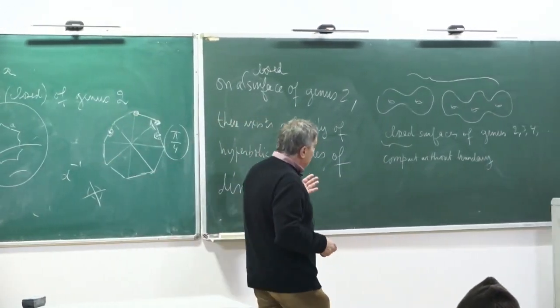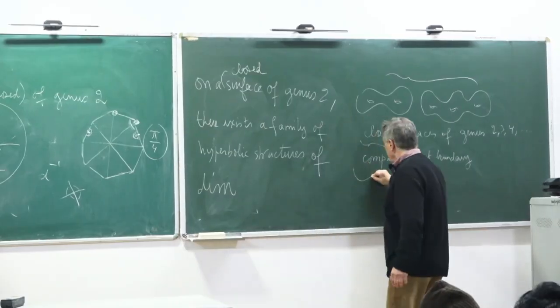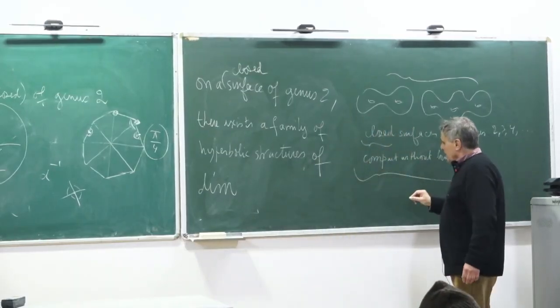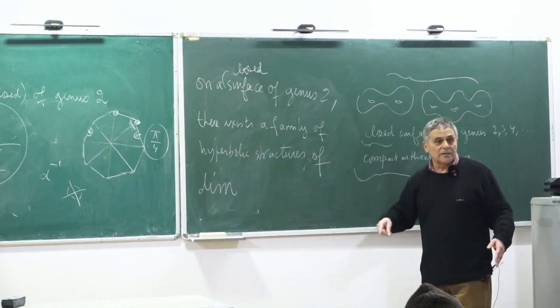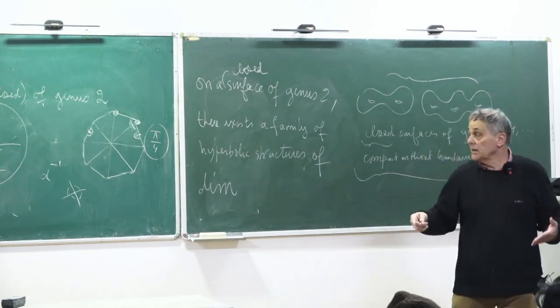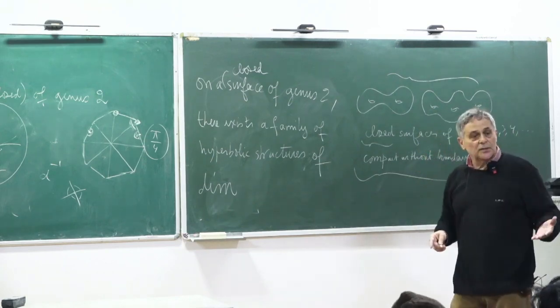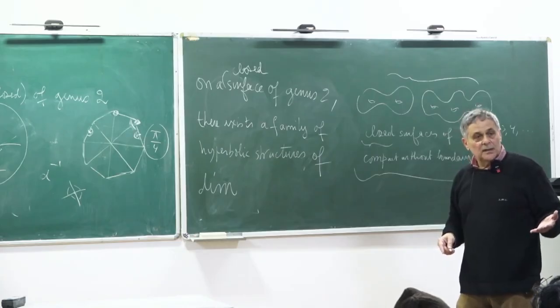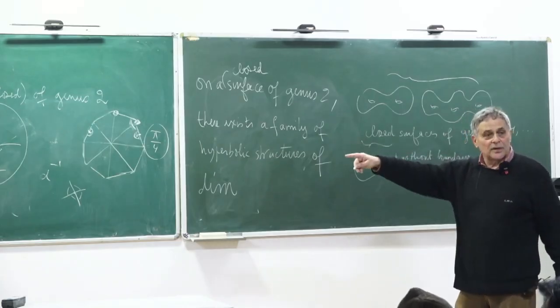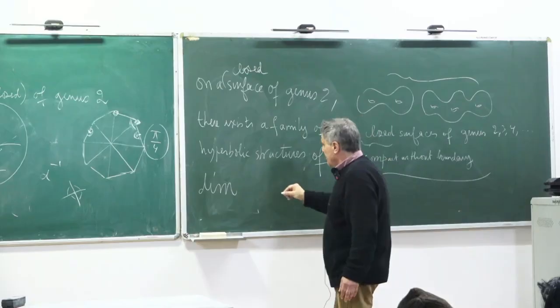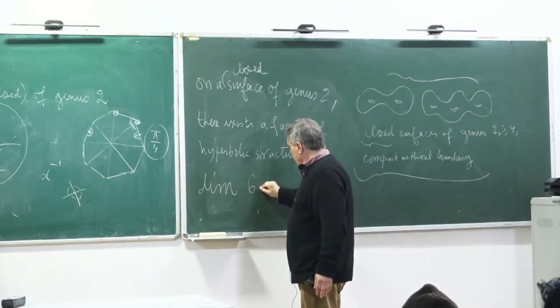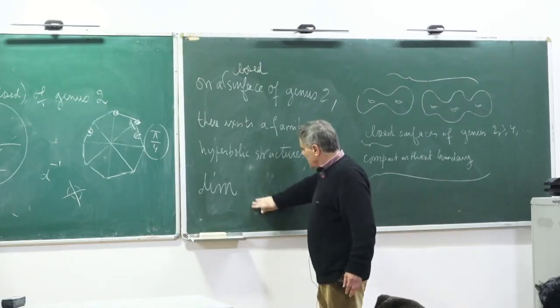This is the dimension of the Teichmüller space of the closed surface of genus 2. The general dimension is 6g minus 6, and here g equals 2, so the dimension is 6.